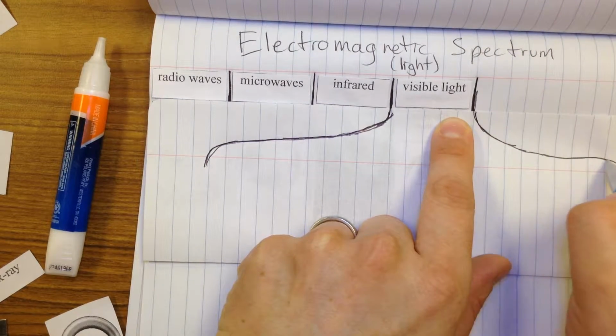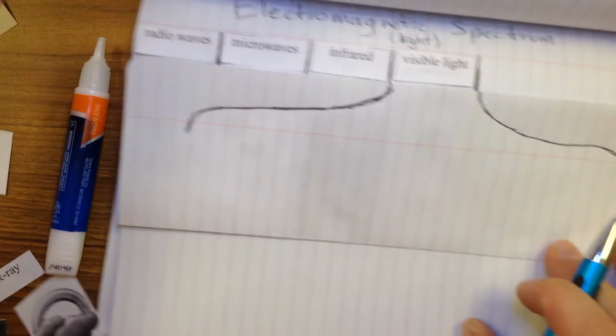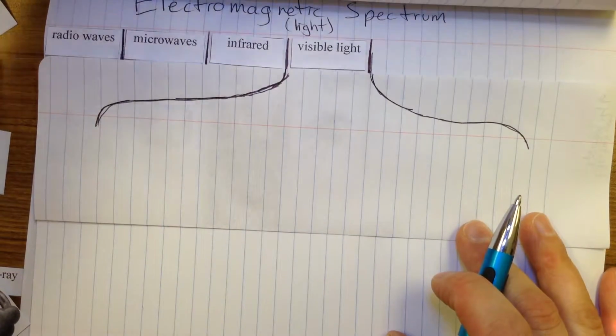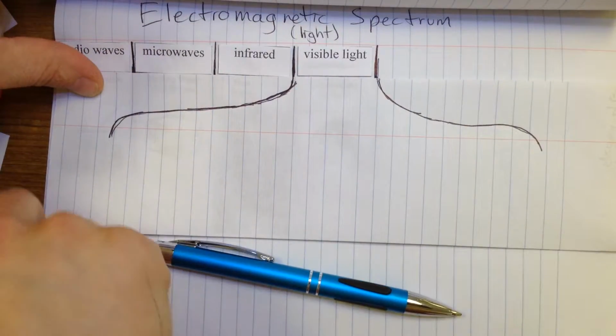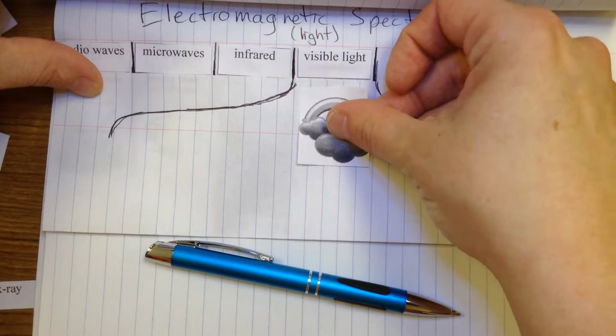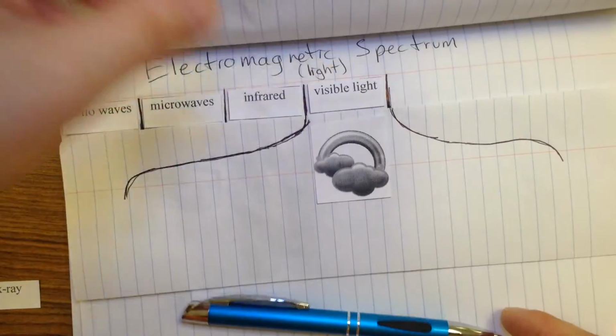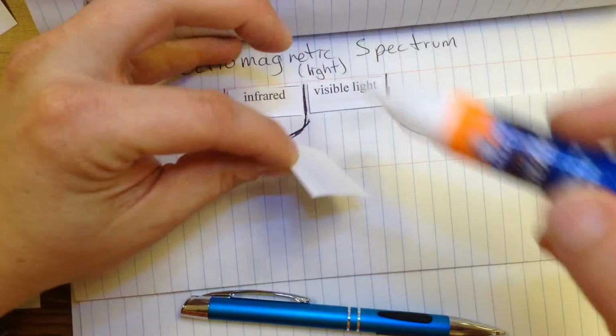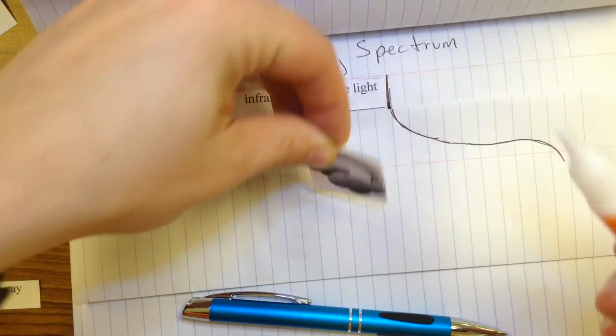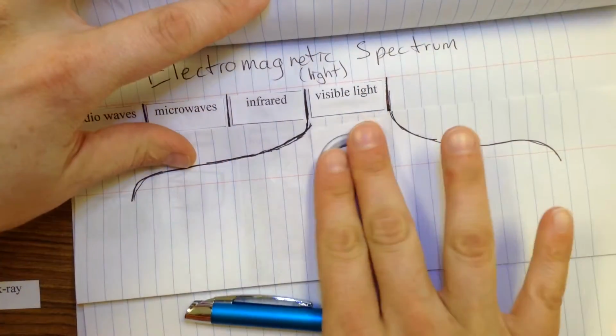I'm going to expand that in both directions. All right. Now, the visible light, the colors of the rainbow, if you want to, go ahead and glue in the picture of the rainbow there, right in the middle.